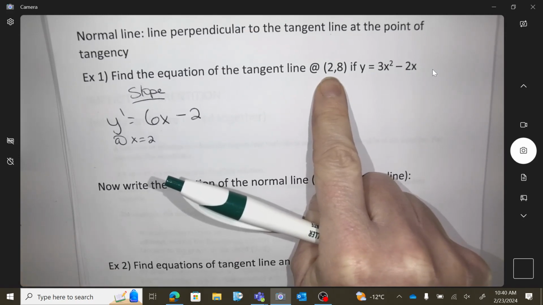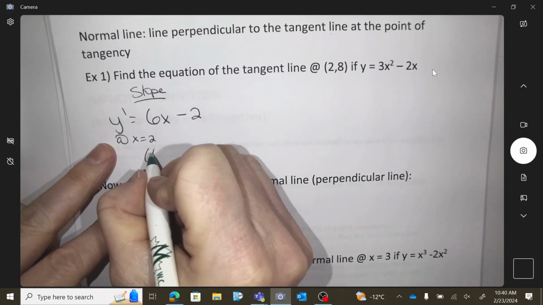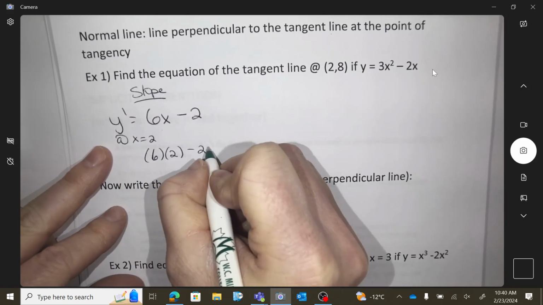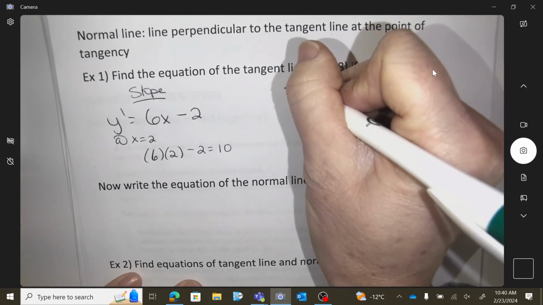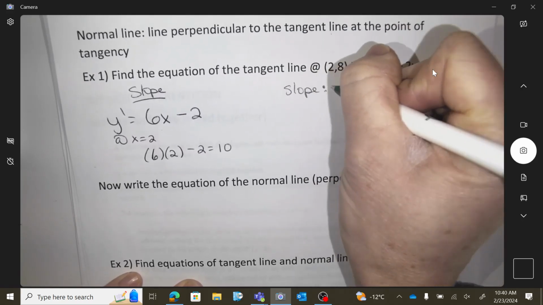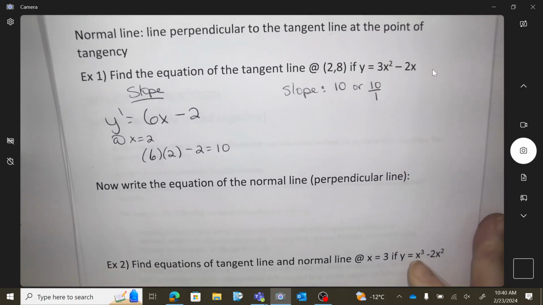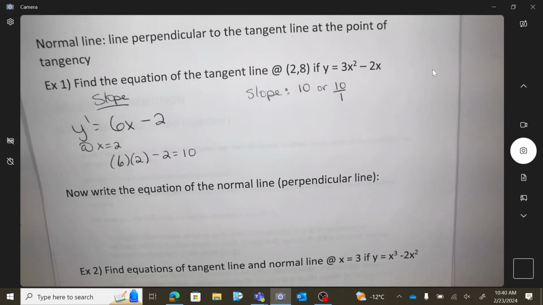So when there's a 2. So 6 times 2 minus 2 is 10, right? So our slope is 10, or 10 over 1 if you want to write it as like a rise over run situation.